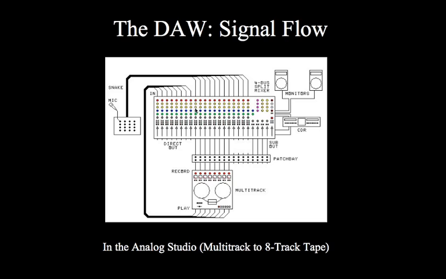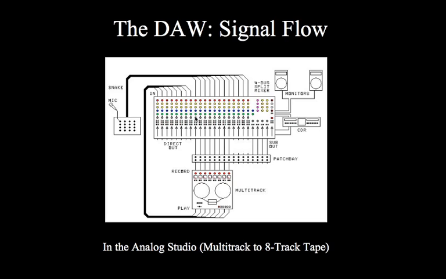Then it's going to go through some filters. We'll learn about filters next time. But basically, I can change how much low frequency is in the waveform, I can change how much high frequency is in the waveform, and there might be some other parameters that I can modify.